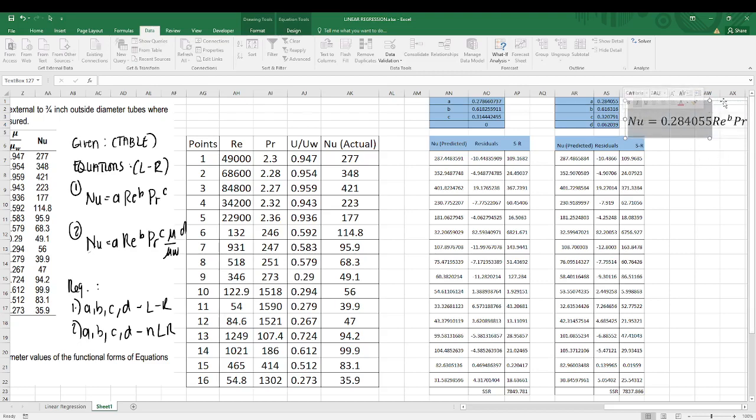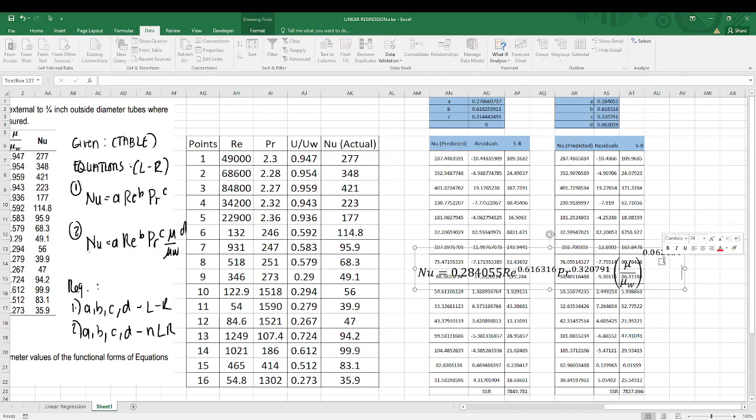The B is 0.616316, and the C here is 0.320791. The D is 0.062039.